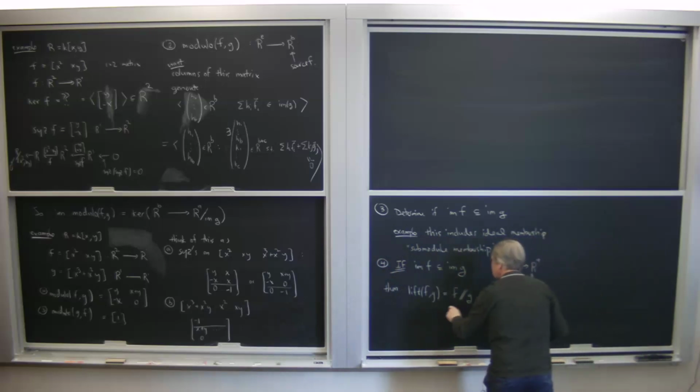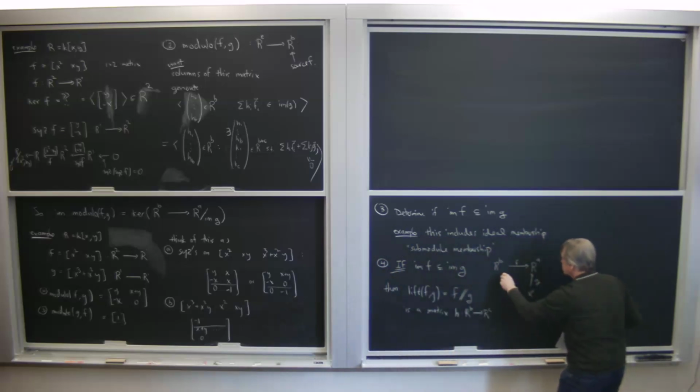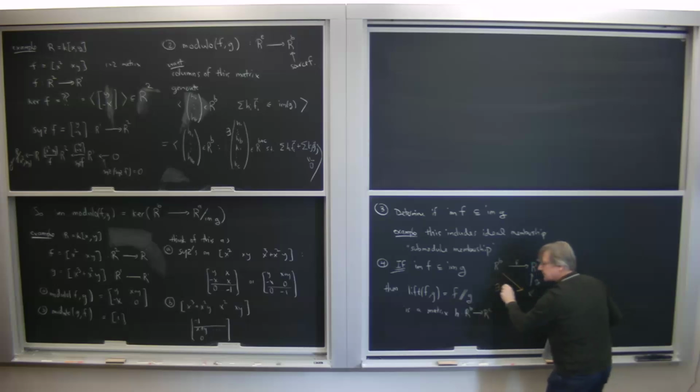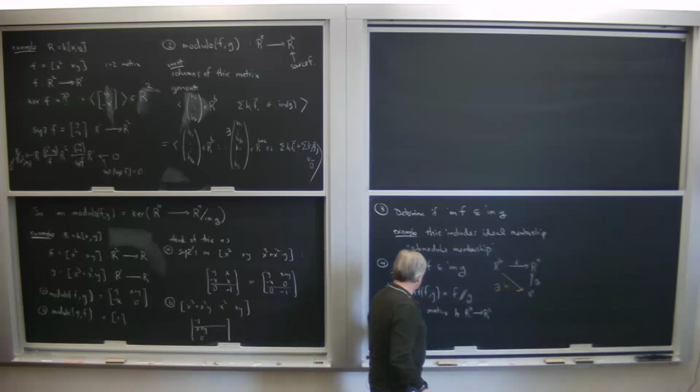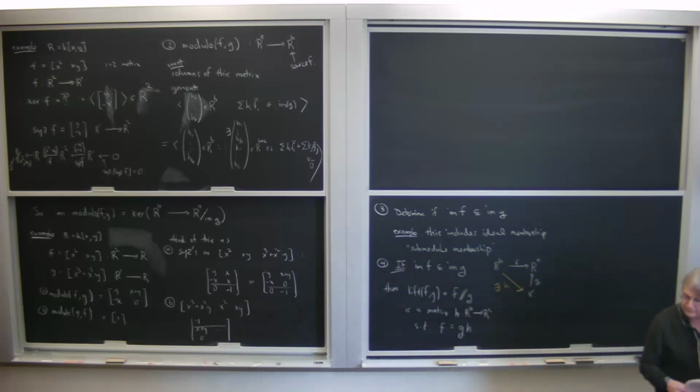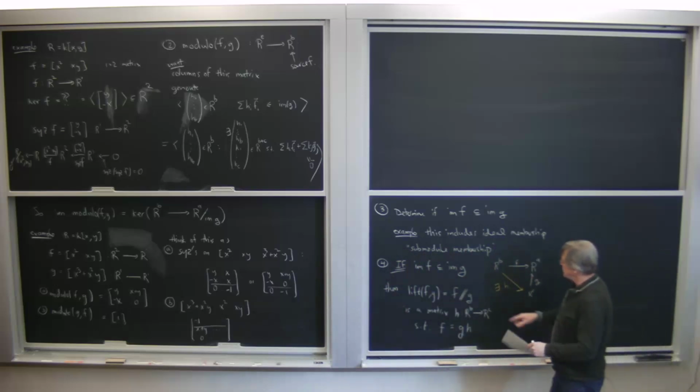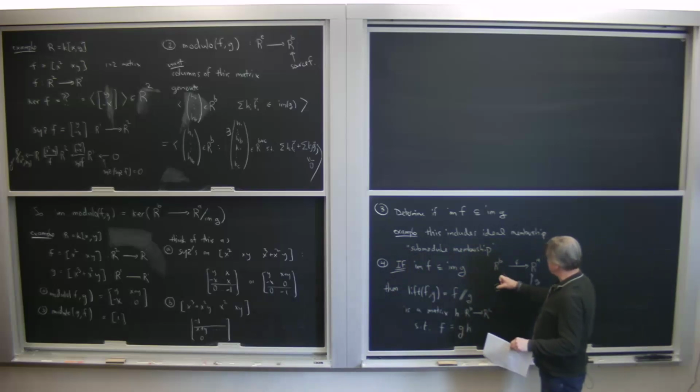It is the following: a matrix H from R^B to R^C, such that this commutes, such that F factors as you do H first and then you do G. If I have given you this situation, we want this.